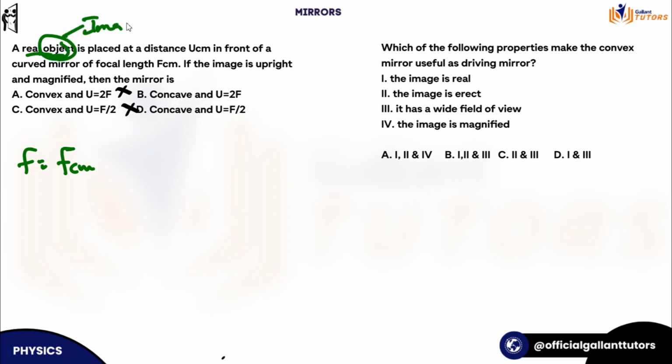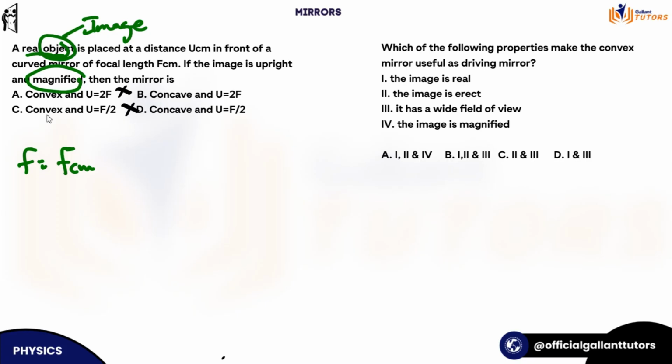Sorry, I said a real object. I'm mistaking this for image, not object. When it's a real object, it does not actually tell you whether it's convex or concave. So why will this not be convex? Because they said magnified. For convex, it produces a diminished image. You should at least know that by now.